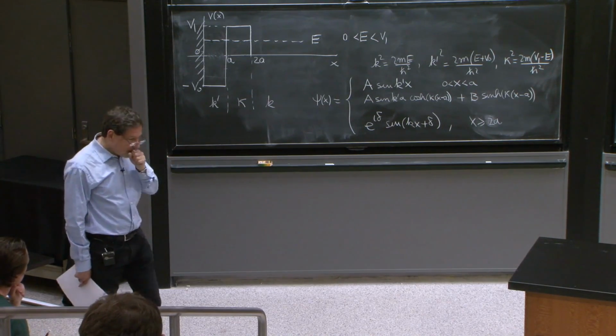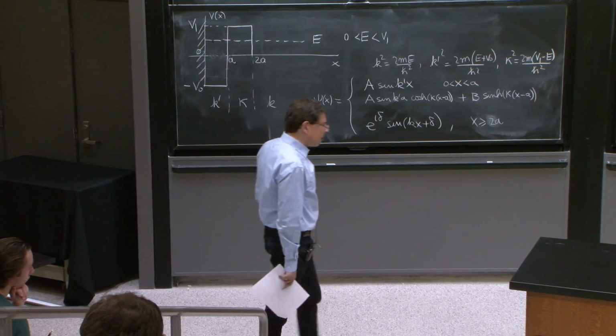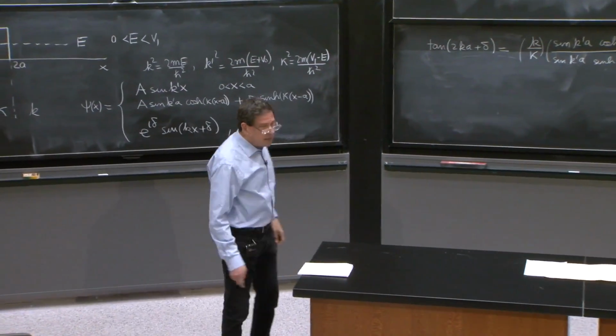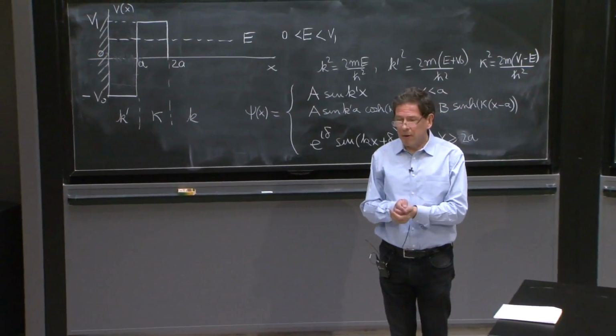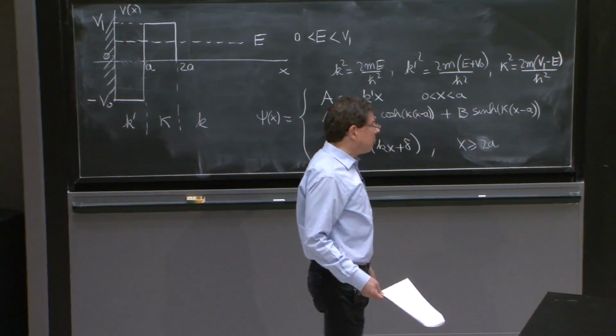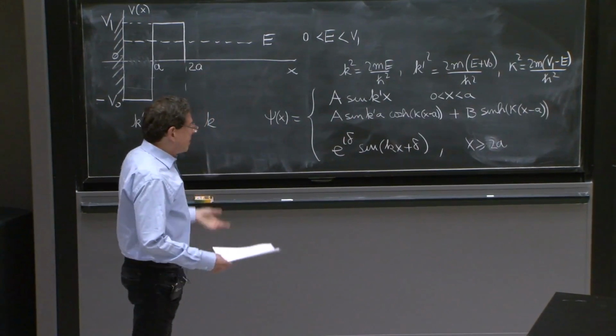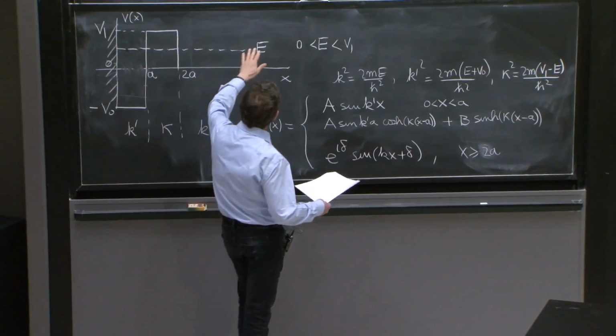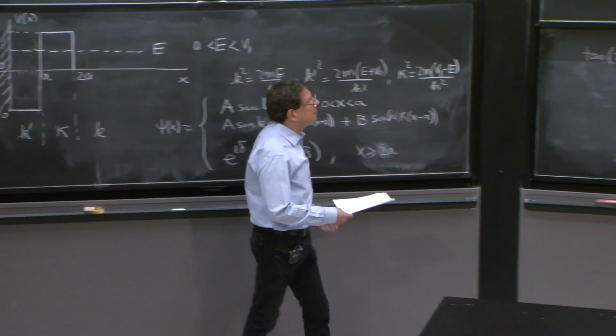If you mess up a sign, it's a big problem. But at the end of the day, it actually saves a lot of work. So a little of that in the homework you will see. But at any rate, this is valid for E in this range.